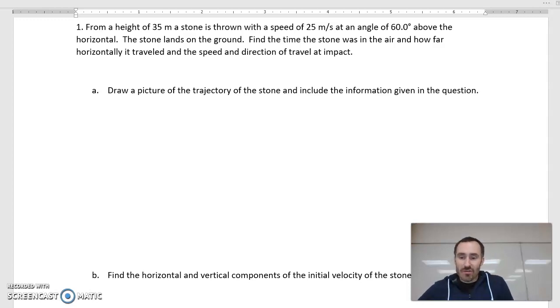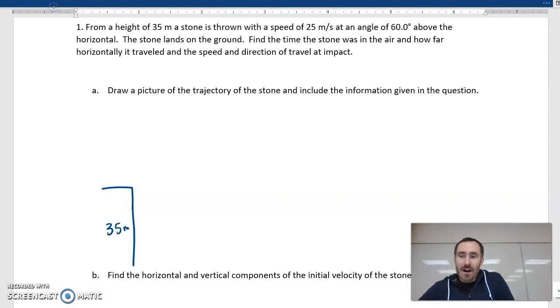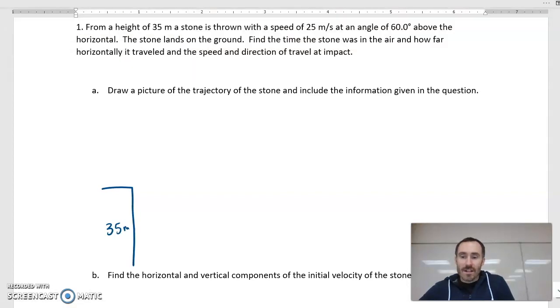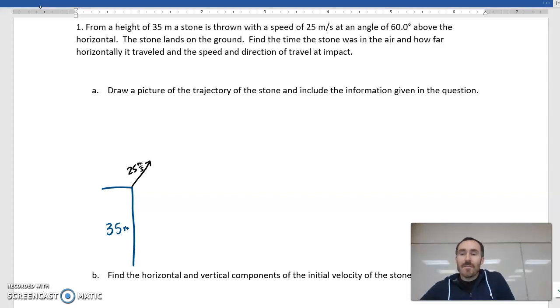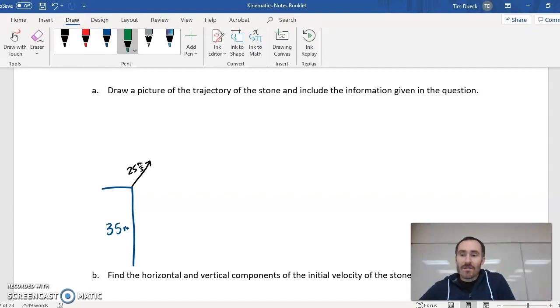We're supposed to first of all draw a picture of what's going on here. So let's say that here is our 35 meters. And the object, whatever it is, is launched at an angle of 60 degrees from the horizontal. I'm going to launch it from the very edge over here. So there is the original velocity vector, 25 meters per second, launched at an angle of 60 degrees.